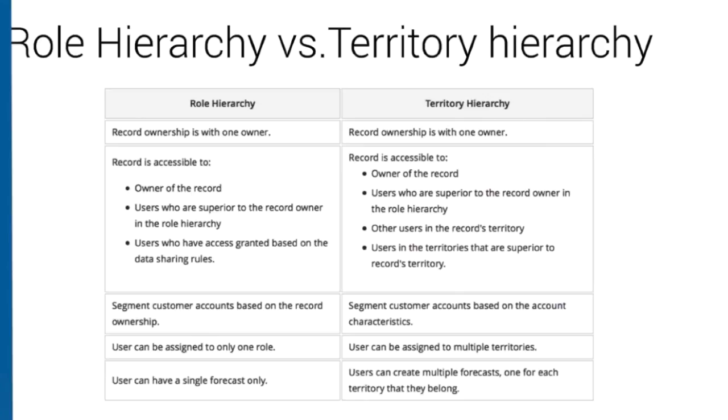Territory is a way to extend access to other users, whereas role is going to set who can actually access data, and who are all superiors and who are all subordinates they can access. But territory is going to extend. A record is always owned by the record owner, that is governed by role hierarchy.